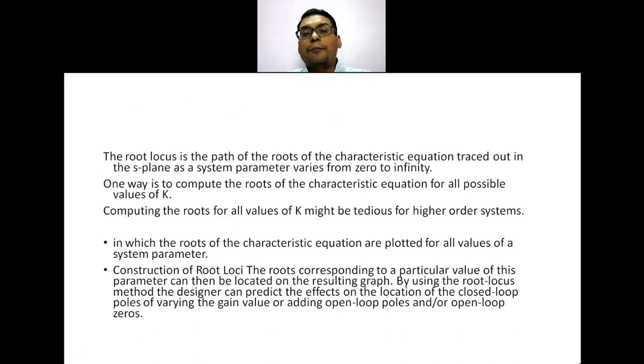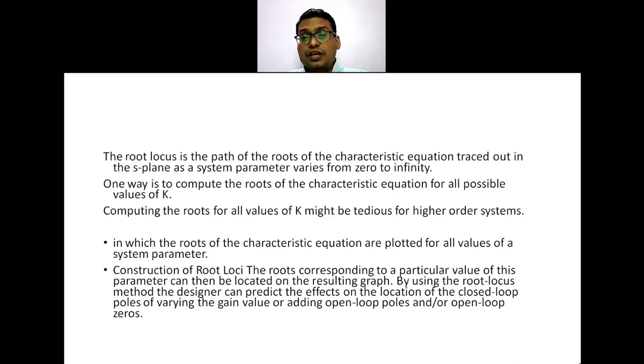One way is to compute the roots of the characteristic equation for all possible values of k, but computing the roots for all the values of k might be tedious for a higher order system. So a graphical representation comes into the picture, in which the roots of the characteristic equation are plotted for all the values of the system parameter.